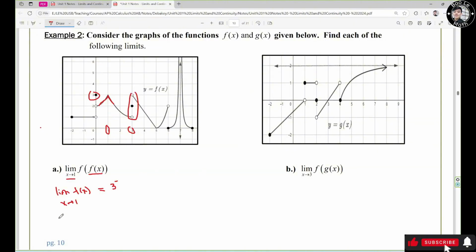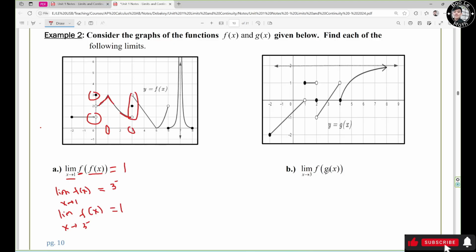So it's going to be the limit of the outer function f of s, which means this guy right here, when s approaches 3 minus. So 3 minus is going to be the lower one right here. The answer is 1. So finally, you conclude that the limit of f of g of s when s approaches 1 equals 1. Alright, let's move on to question B.